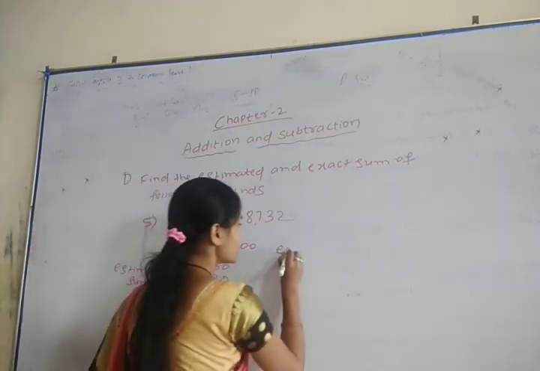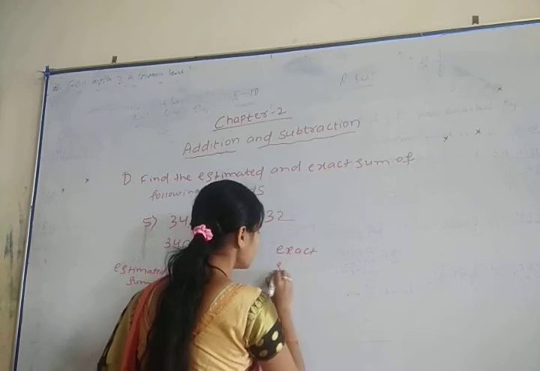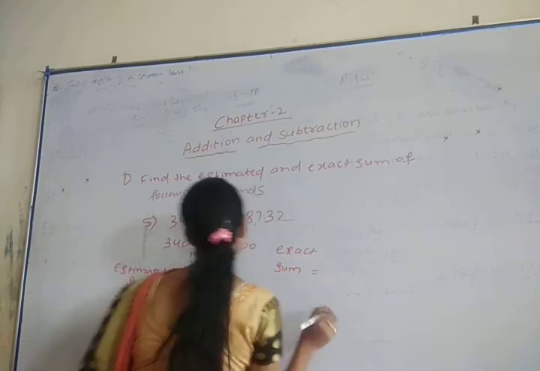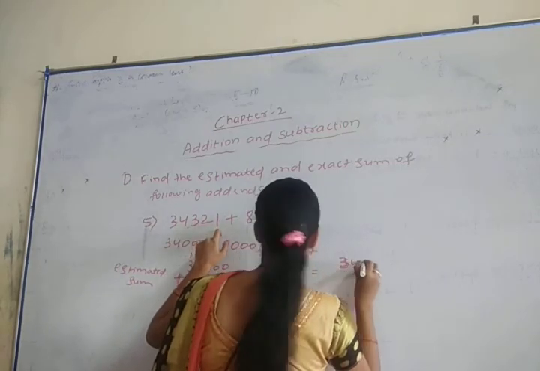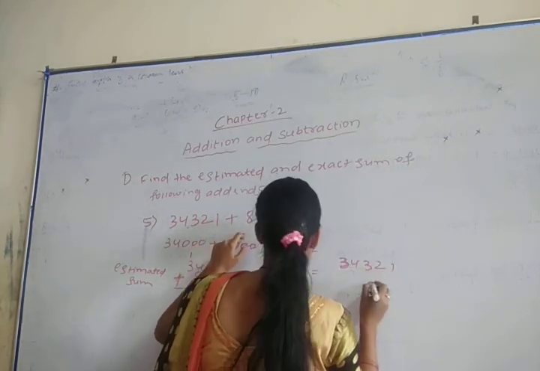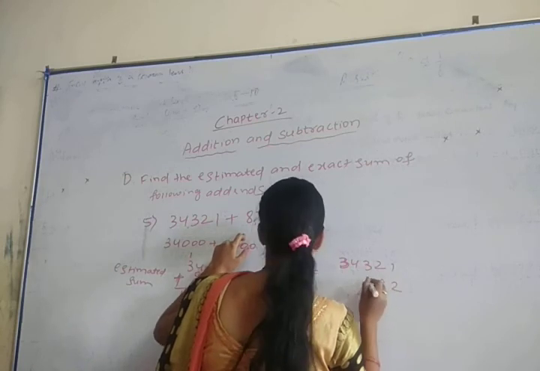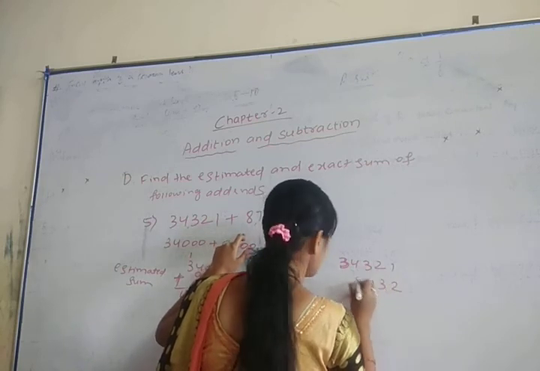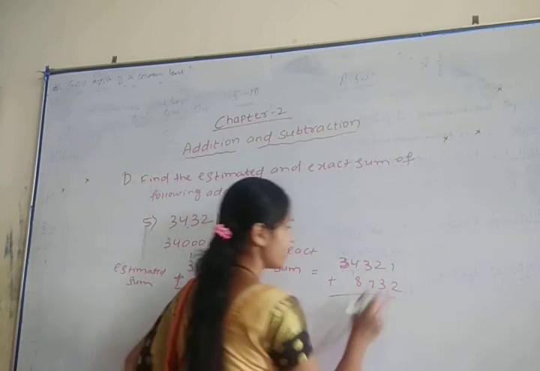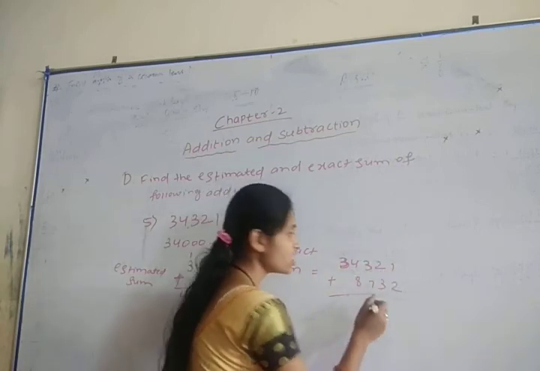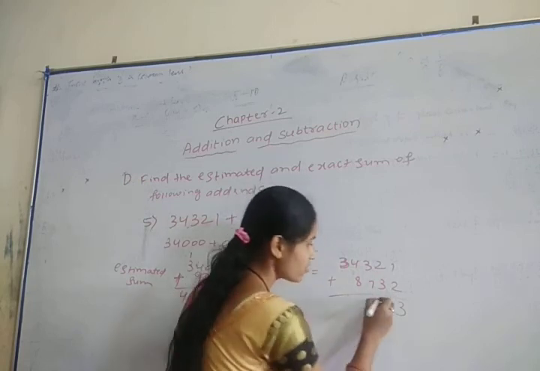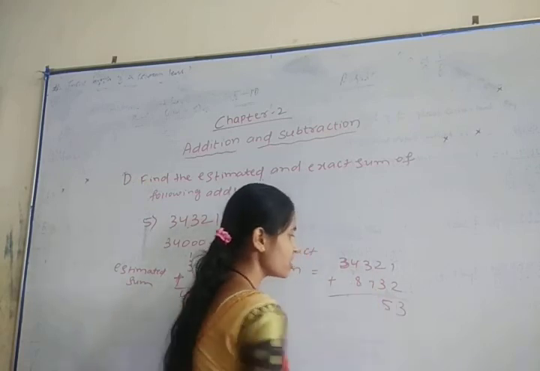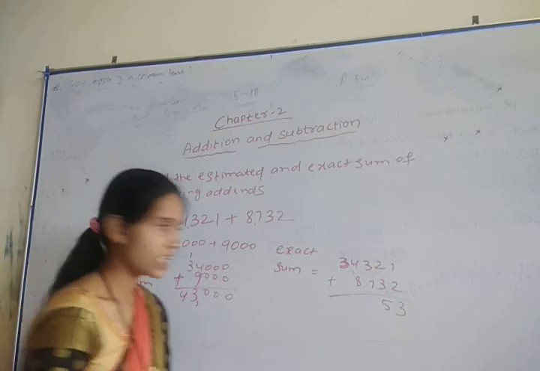Now find here the exact sum. Write 34,321 and 8,732 one below another and add. Now 2 plus 1 is 3. 2 plus 3 is how much? It is 5. 3 plus 7 is how much? 3 plus 7 is 10.